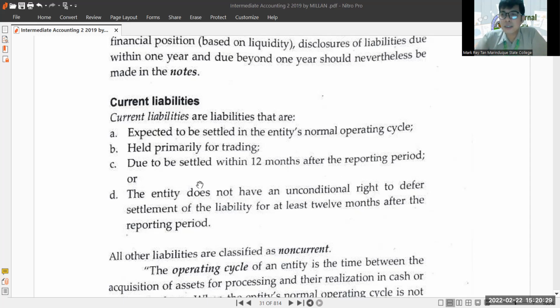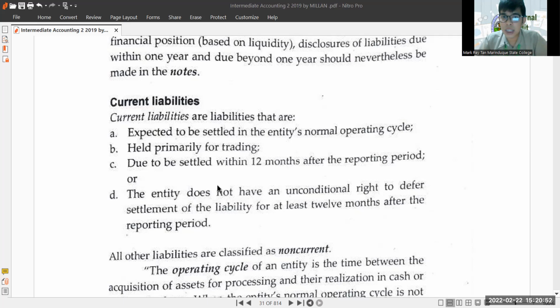Let us take note of this letter C. Imagine this: the year now is 2022. Let's say the normal operating cycle of the business is January 1, 2022 up to December 31, 2022.